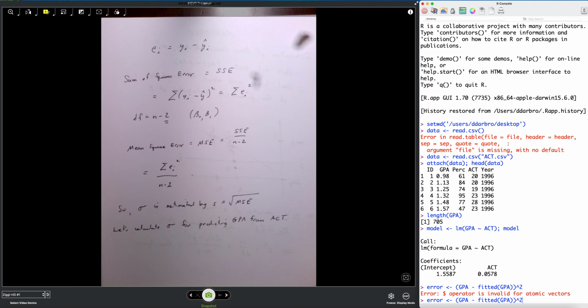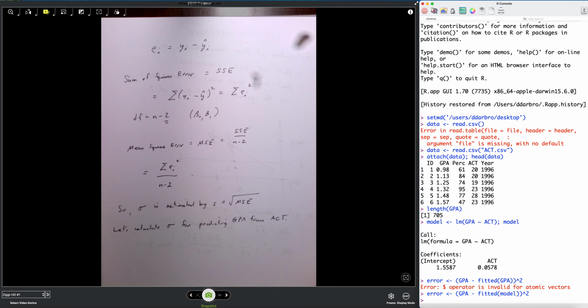Oh, I had a bozo moment. So then I want to sum the errors and divide by length of GPA minus 2.